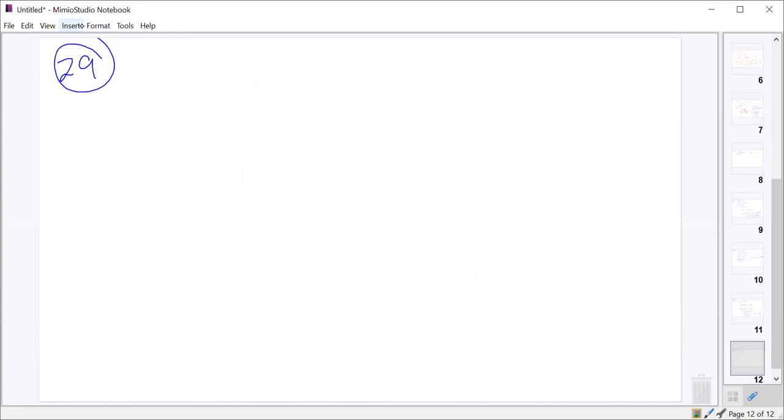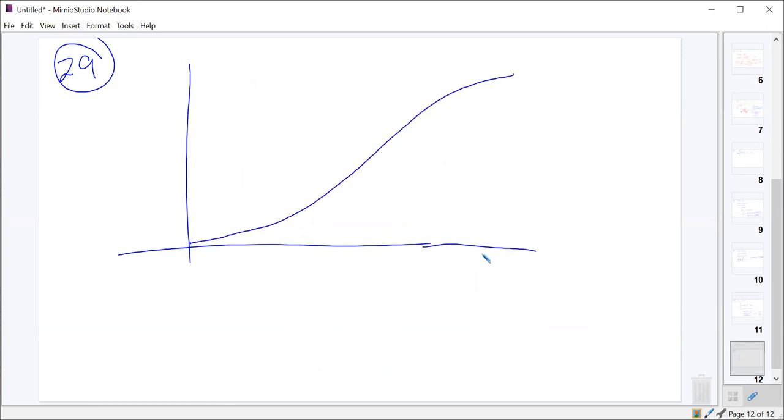Let's see here, 29. Okay, we got some graph for 29. Let's just sketch this, something like that, going to 8 and going up to 300 here. The website went live at noon. The rate of its number of visitors per hour, so this is a rate function, R of t, we'll call it. We want to know approximately when the 200th visitor went to the site.